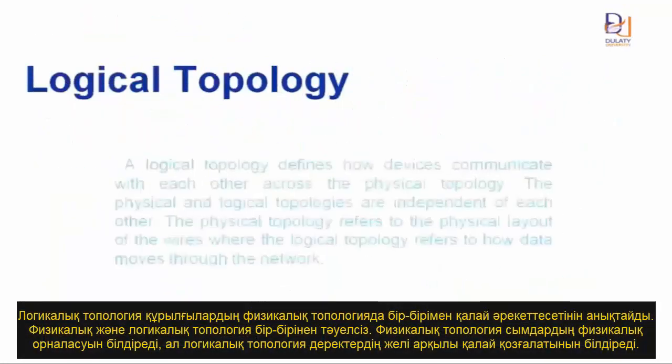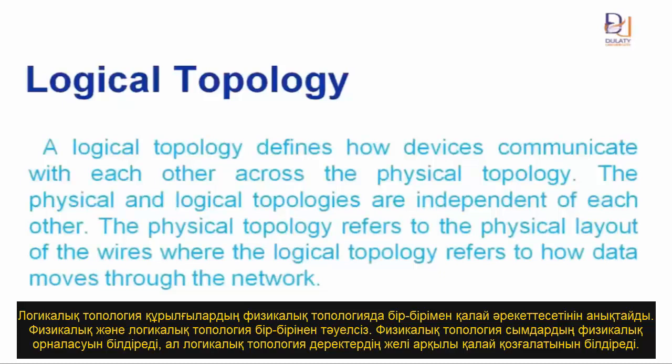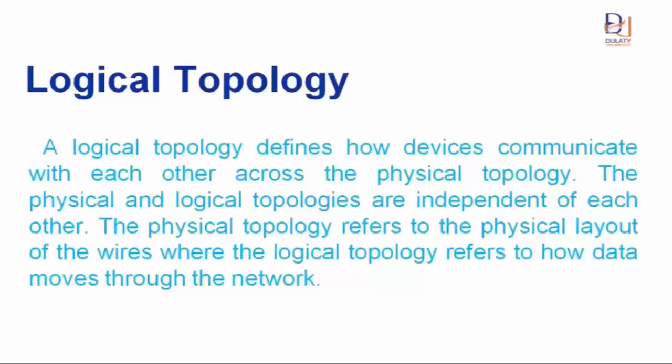A logical topology defines how devices communicate with each other across the physical topology. The physical and logical topologies are independent of each other. The physical topology refers to the physical layout of the wires, whereas the logical topology refers to how data moves through the network.